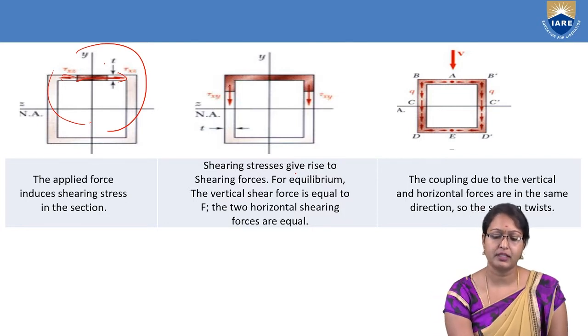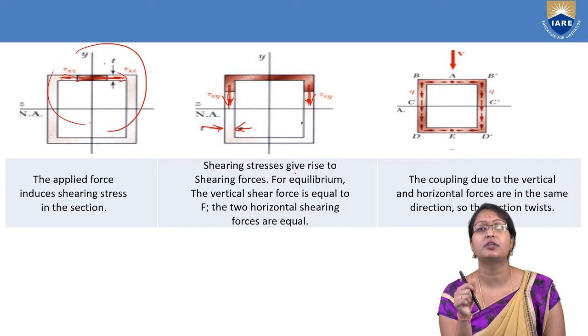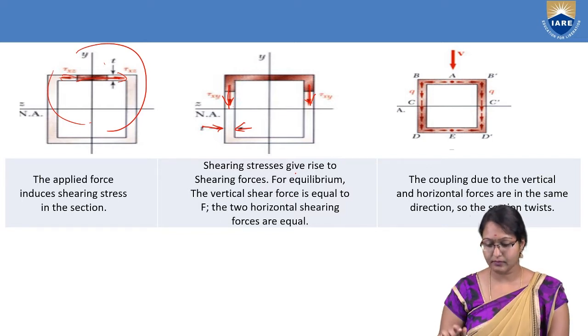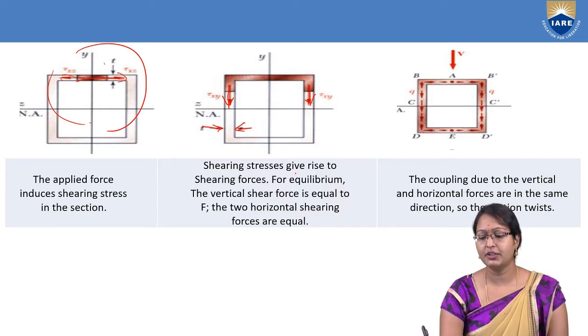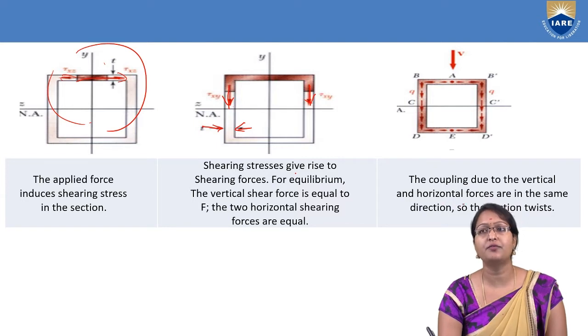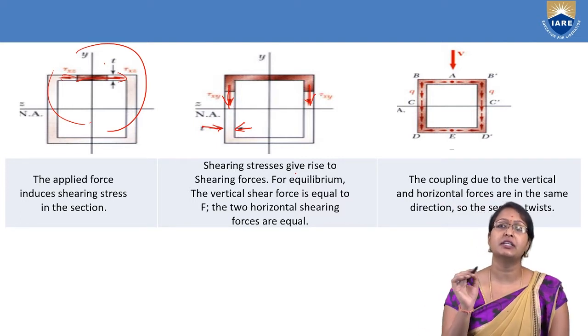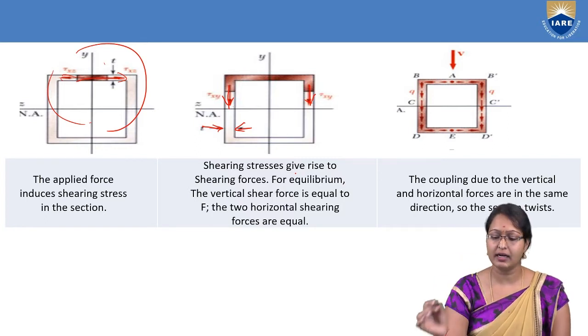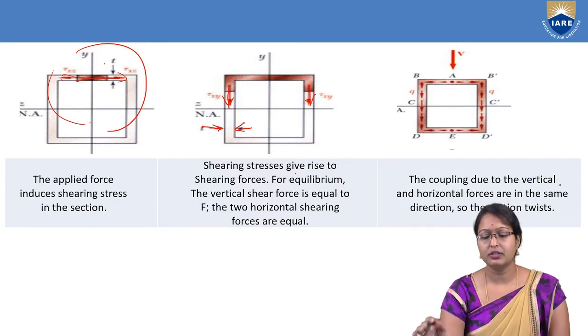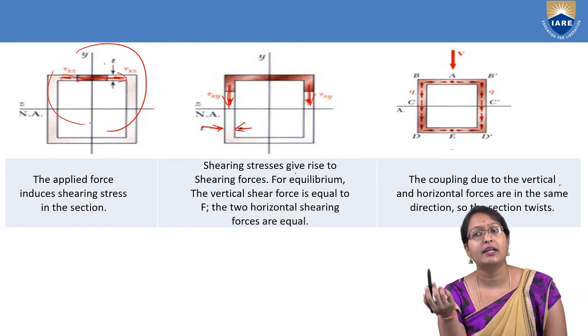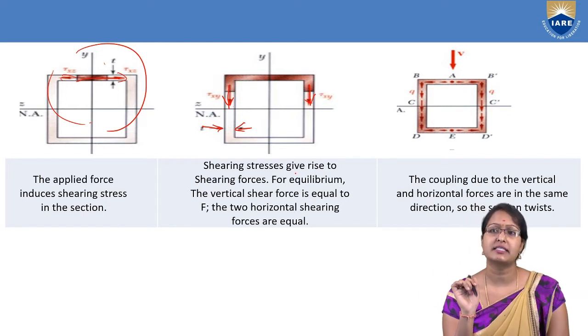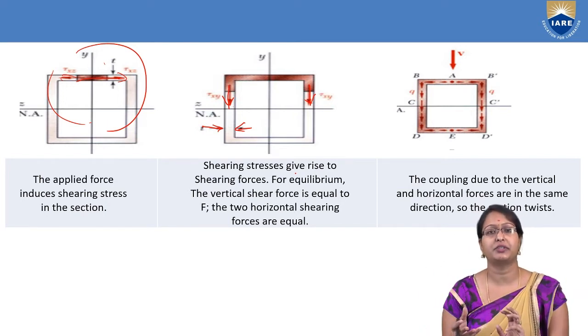The coupling due to the vertical and horizontal forces is in the same direction, so the section gets twisted.